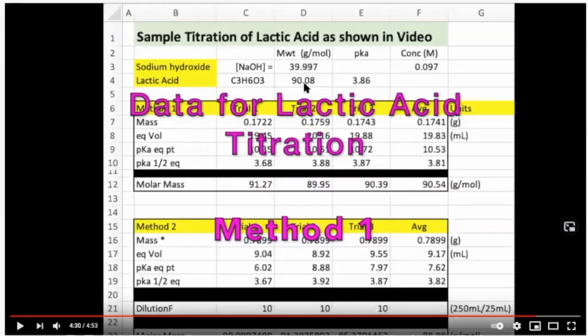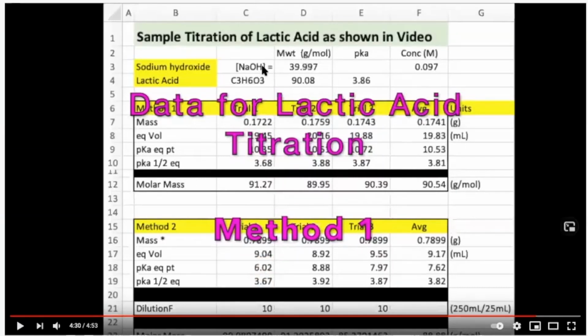And now if we have the mass of the acid, which is down here, and we divide it by the moles of the acid, we get the molar mass, which is calculated as 91.27. You guys should write this all out in the post lab so you can see, but double check your calculations with lactic acid so you know that you're doing the calculations correctly.